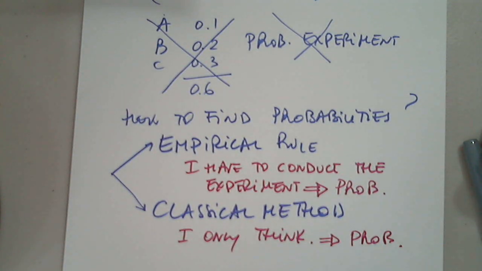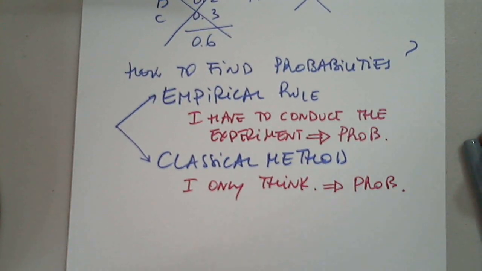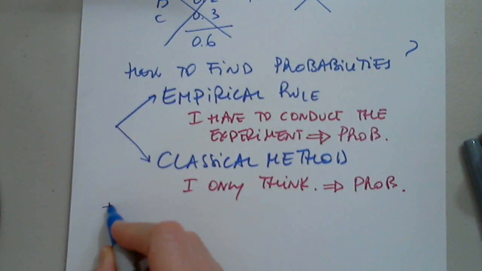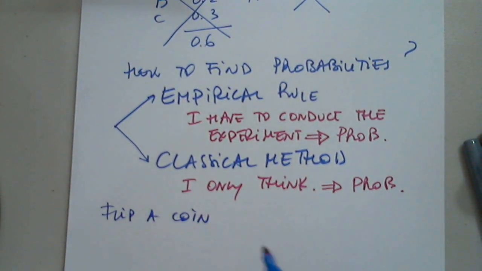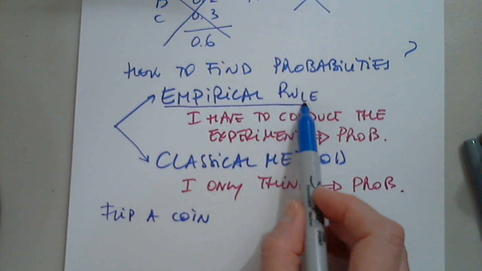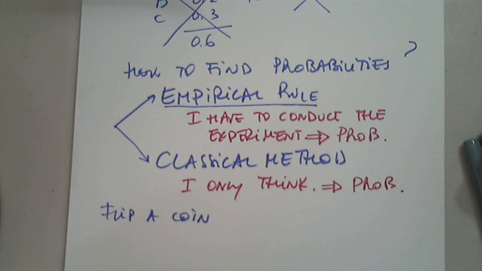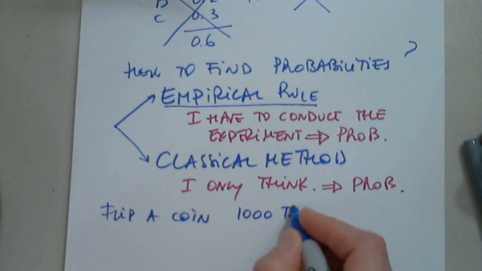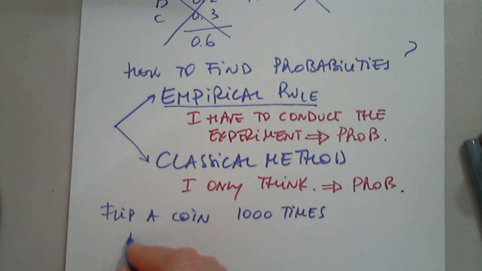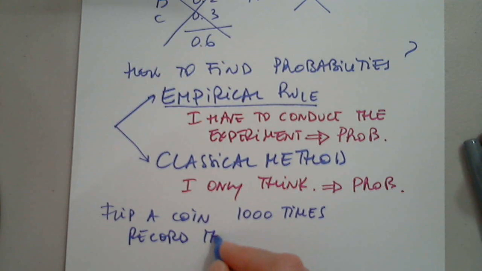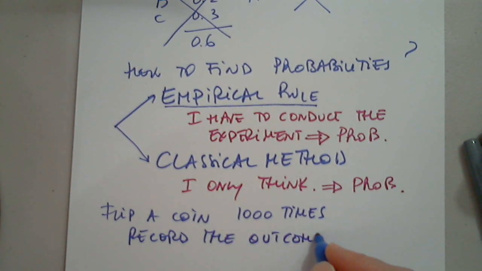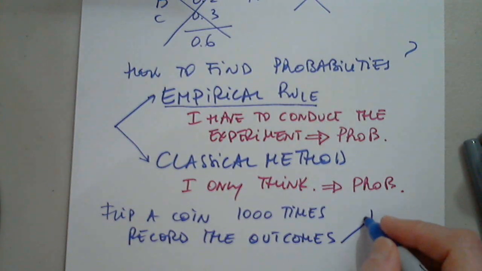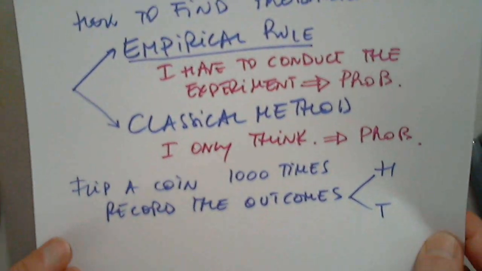Okay, so for our simple example of flipping a coin, let's say we flip a coin again, and I don't trust the classical method, or I just want to test the classical method maybe. So I flip the coin 1,000 times. I record the outcomes. So I can have heads or tails. Give me any number.